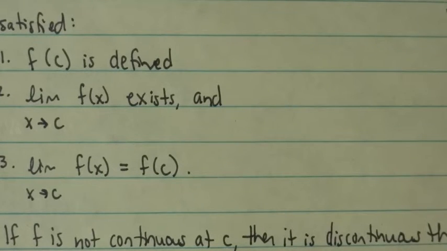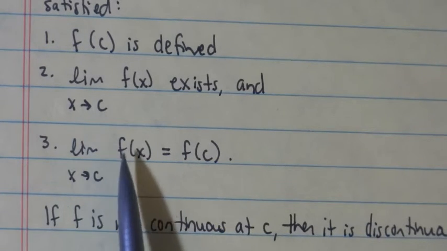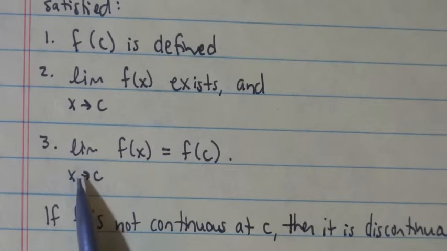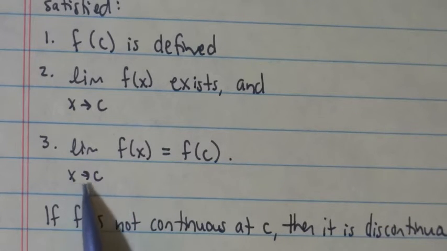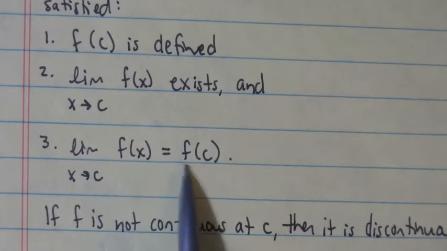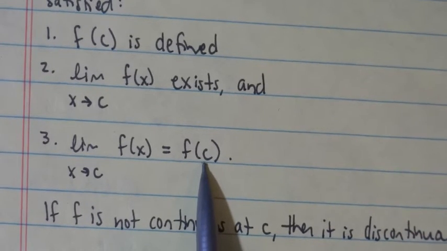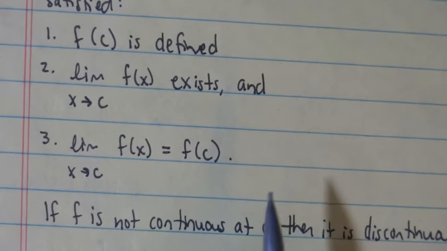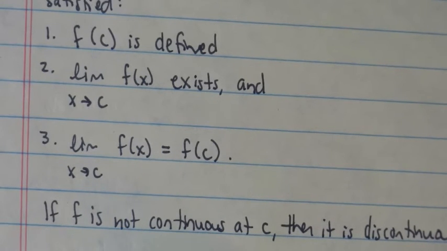But the idea, and it comes down to this last one, is that if the function is continuous, then the limit as x approaches that value is just the function at that value. So if I did know the equation, let's say x squared minus 4, I know it's continuous on its entire domain. So if I were to ask what's the limit as x approaches 1, I would just plug in 1, because I don't have to worry about making sure all those criteria are met.